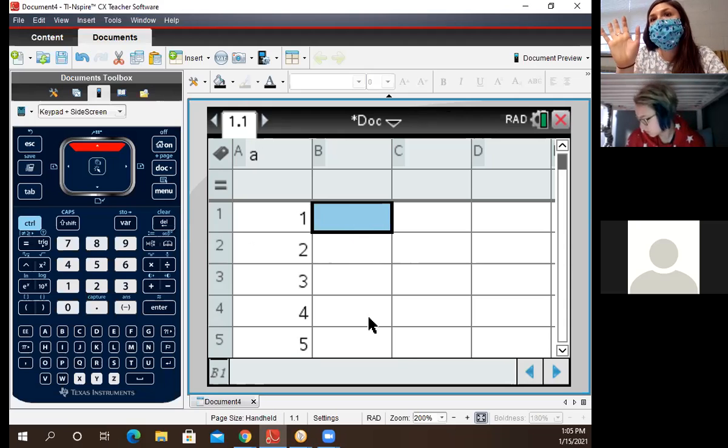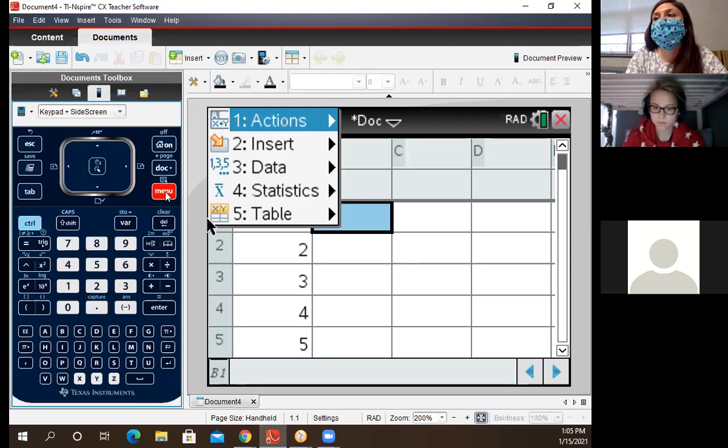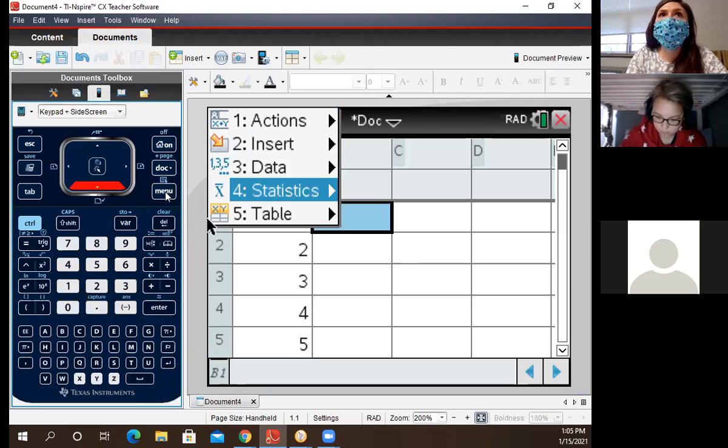Now I'm going to give you the calculator steps, the menus that you need to navigate through. I'm going to go through this slowly, so if you want to write it down, you can. I would suggest you jot it down. So I'm going to start by hitting that menu key. So I went to menu, and then I'm going to go down to statistics.